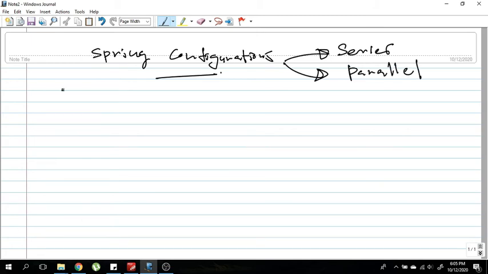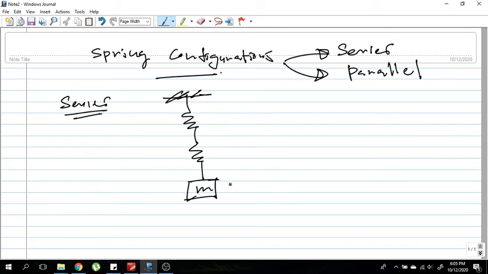Now the series configuration, if I were to depict it, could be something like this. So here I have a spring mass system which has two springs, S1 and S2 are the two stiffness values of these two springs, and this configuration is of series type.